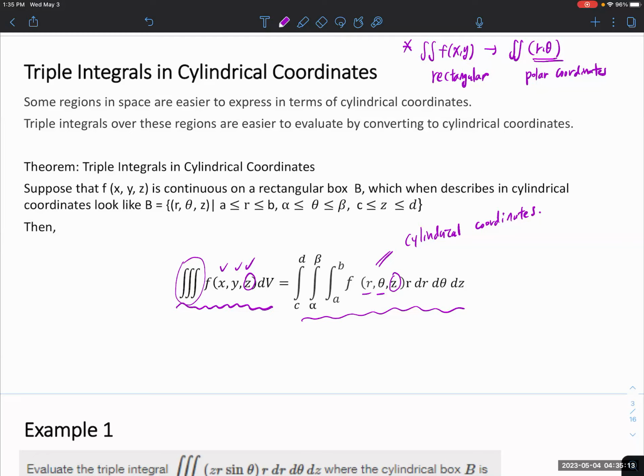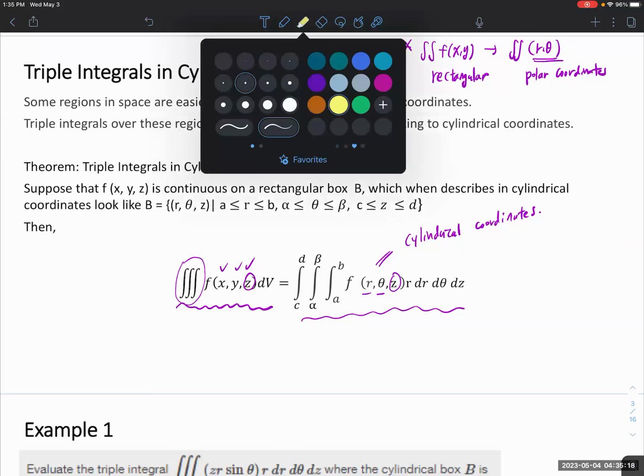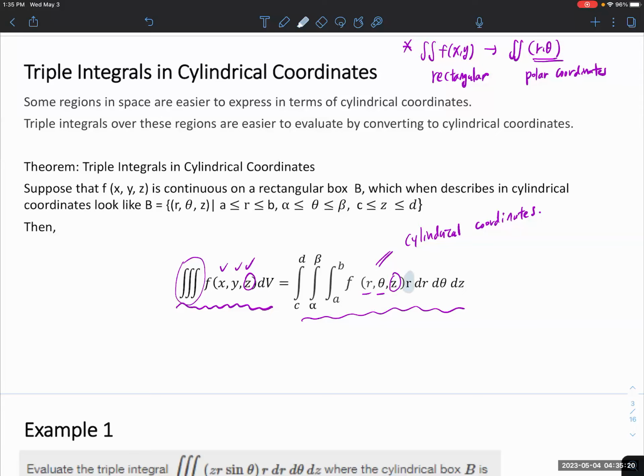And then don't forget the r here. Many people forget it when they're calculating. So here we have r to multiply. And then you can change the order, dr, d theta, dz. You can change the order of the integral, it doesn't matter. You will get the same answer, right? So again, if you are taking the integral in terms of the radius, this is going to be the radius integral, this is going to be the theta integral, and the last one is the z variable integral.